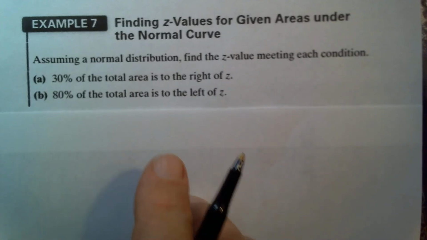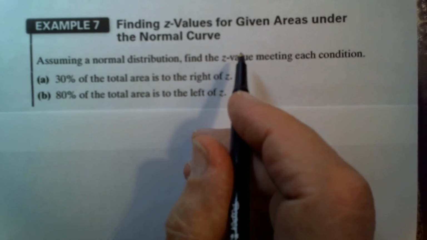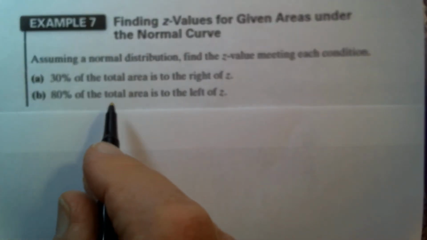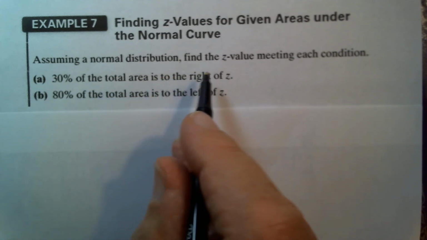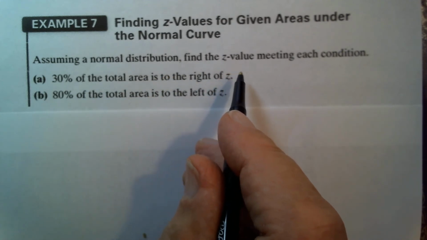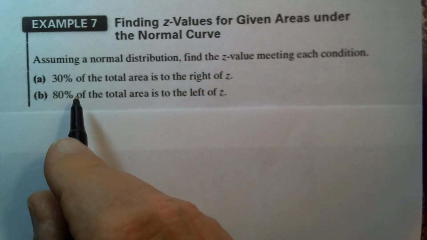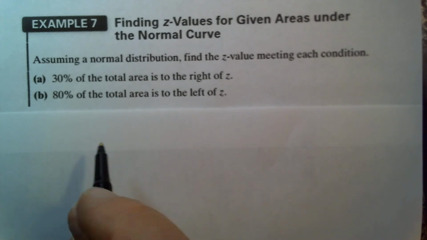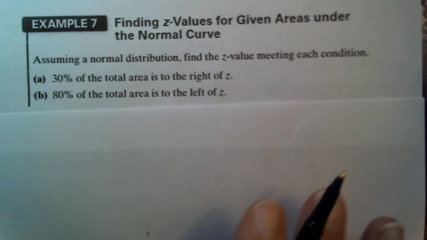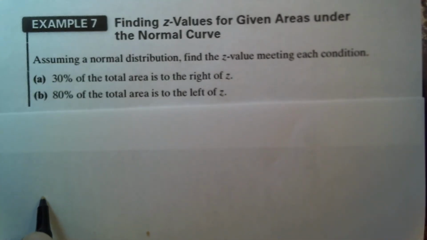In example 7, we are finding z-values for given areas under the normal curve. So the first part is, assuming a normal distribution, find the z-value meeting each condition. 30% of the total area to the right of z. Again, a good way to start is with a normal distribution.